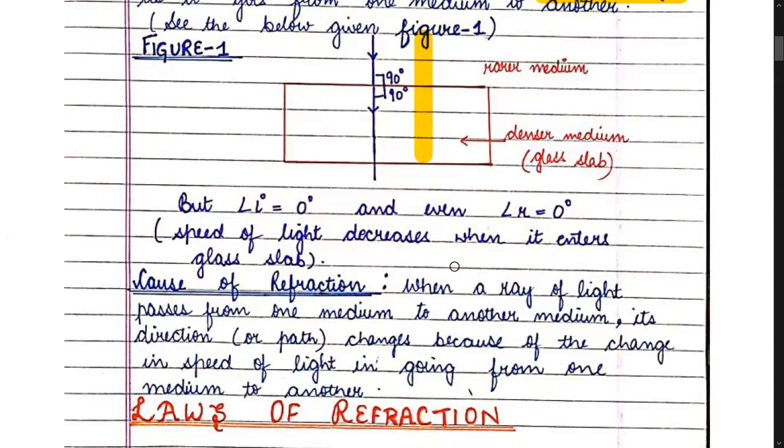But yes, we know that speed of light decreases when it enters the glass slab, since it is a denser medium as compared to the rarer medium, which is air.